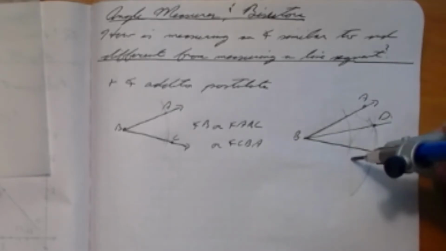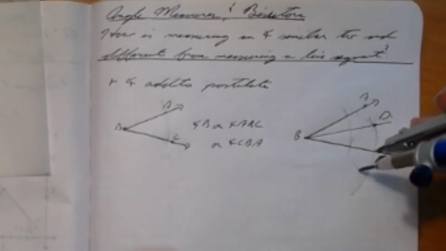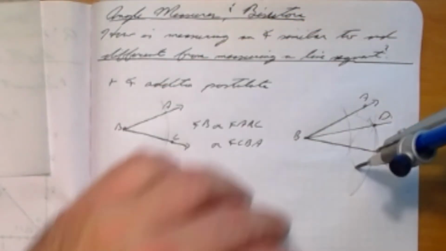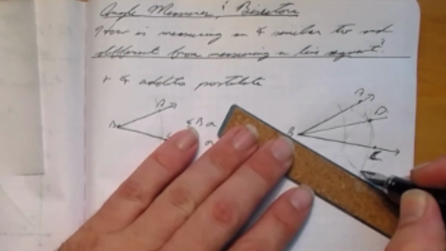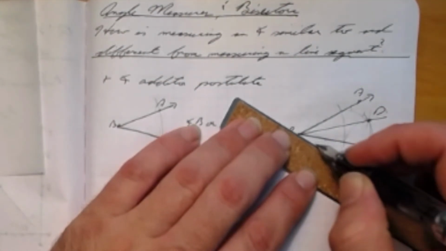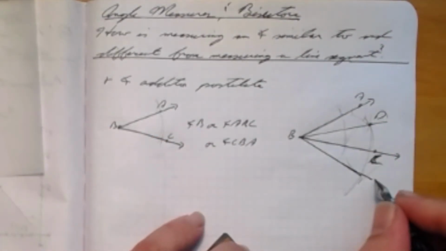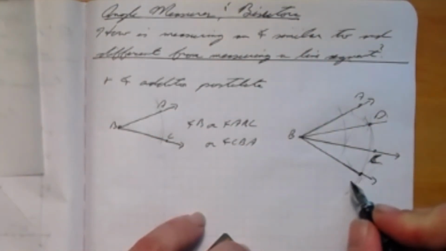And I'm going to draw an arc all the way down, and I'm going to find this point down here where my new arc intersects that second arc. That point is my angle added on. So this is half of my original angle added to my new angle. I'm going to call the point at the end of that E.